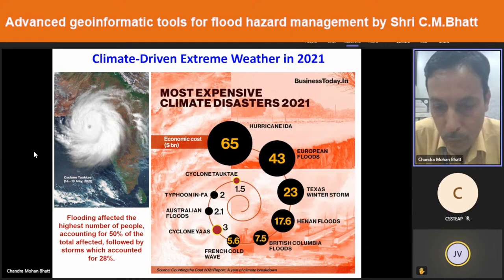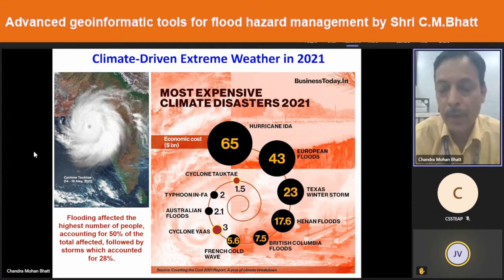But what is more striking is that all these disasters have an origin related to climate-driven extreme weather events. Out of those 10 disasters, you will find most of them are hurricanes, floods, storms, cyclones. All these have a hydrometeorological origin, more hydrological in nature.